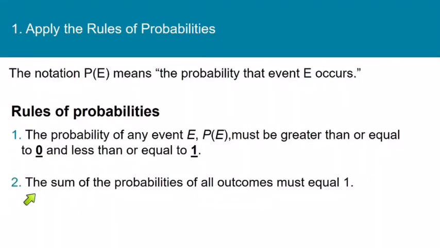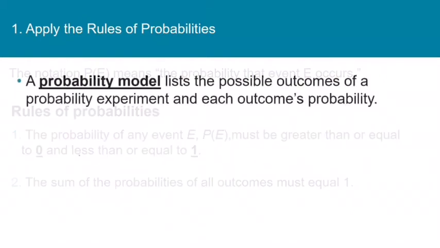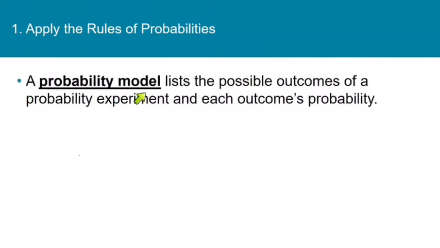And the second rule of probabilities is that the sum of the probabilities of all outcomes must equal 1. So probabilities always have to be between 0 and 1, and the sum of the probabilities of all outcomes must equal 1.